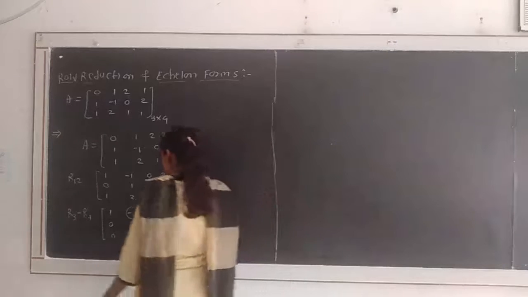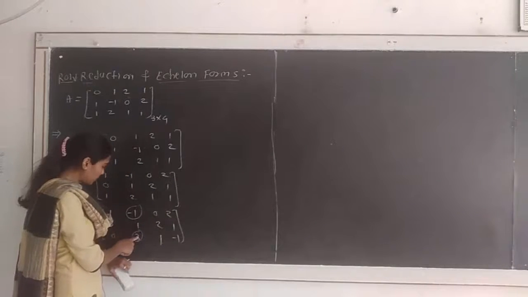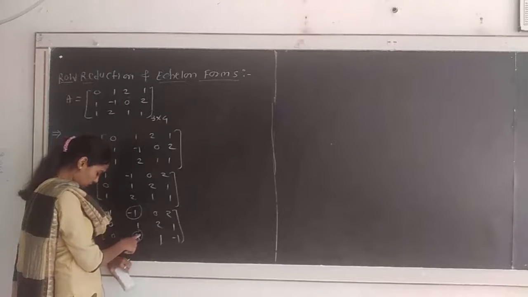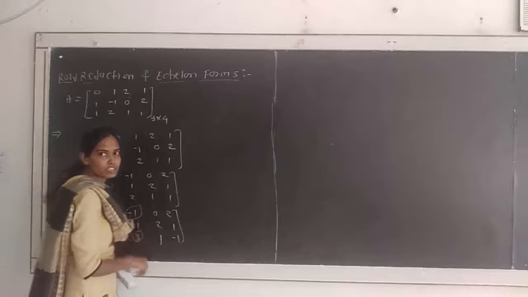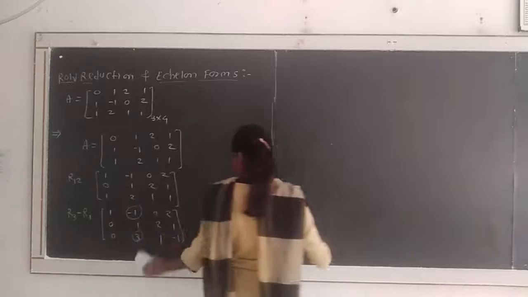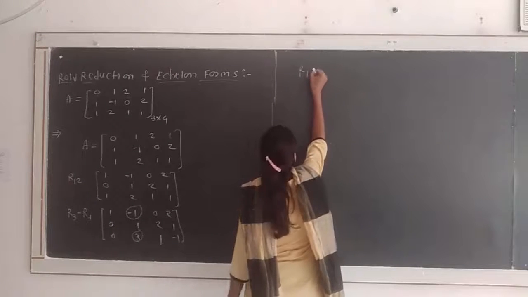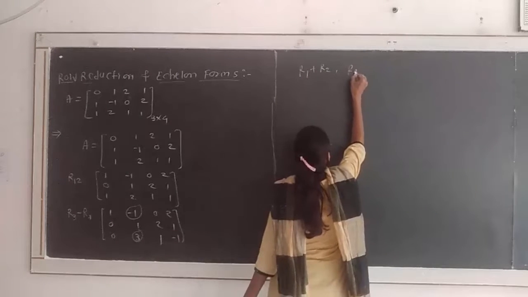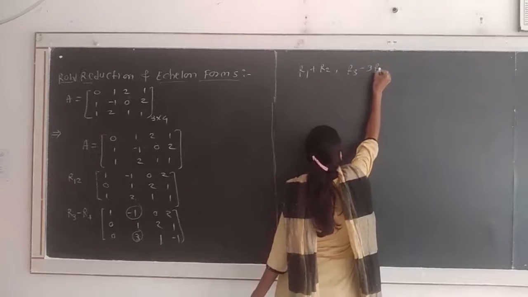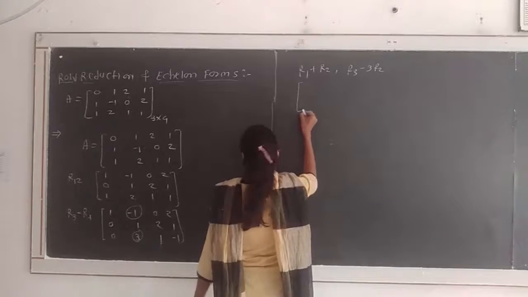Below that entry is 3, and above it is minus 1. So we apply the row operations R1 plus R2, and then R3 minus 3 R2.